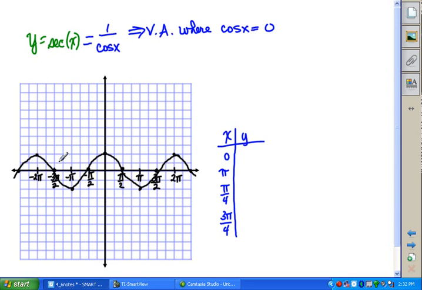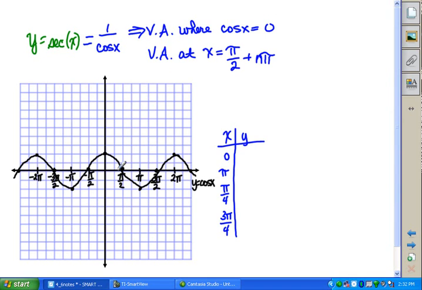Well, I've drawn the graph of cosine, and we can see that there are zeros at odd multiples of pi over 2. So there's going to be vertical asymptotes at x is equal to pi over 2 plus n pi.